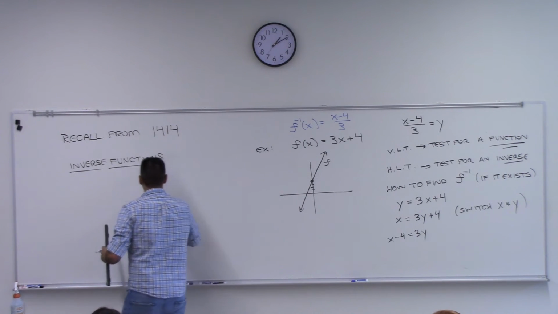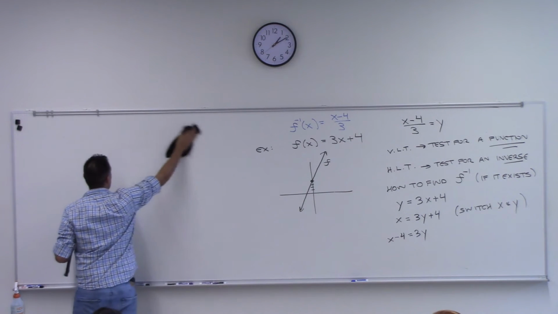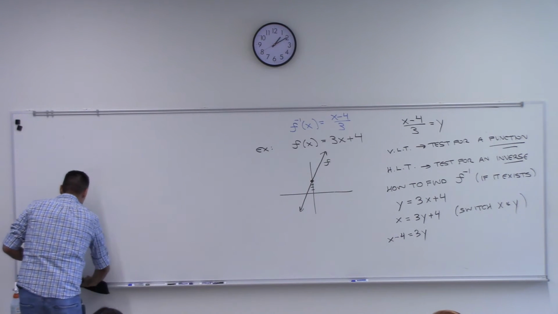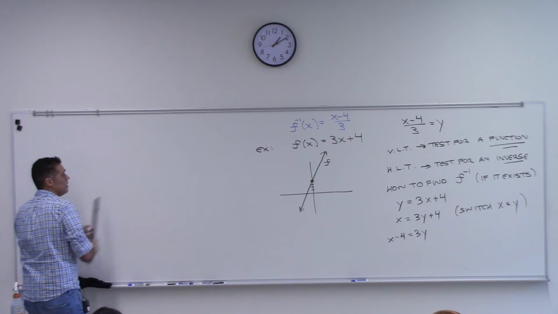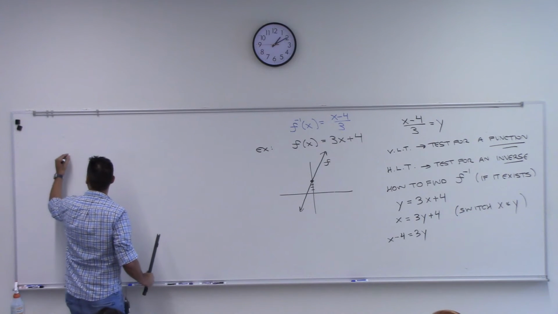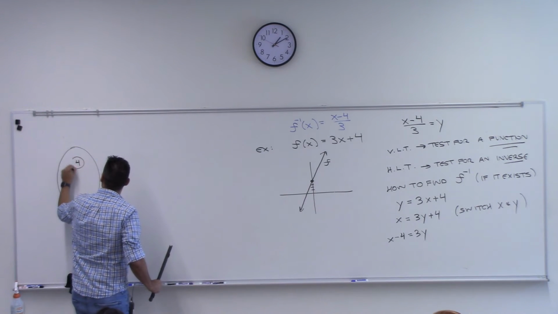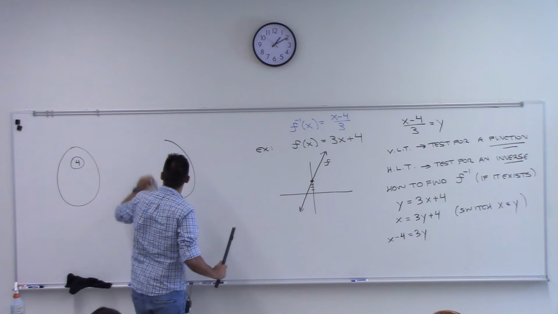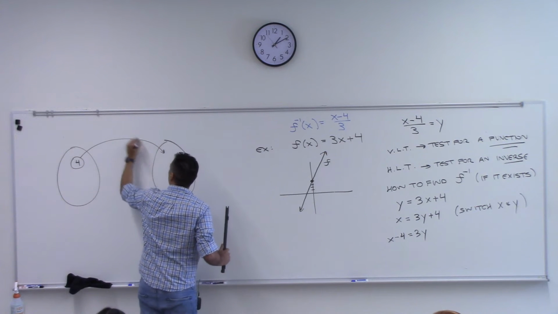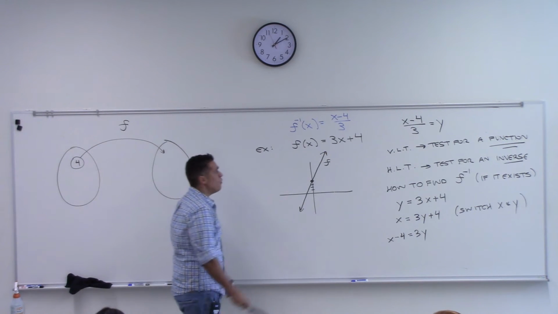So I'd like to take some values of x and just see what happens. For this particular function, let's say I take the number 4 and plug it into this function f. Where does f take the number 4?